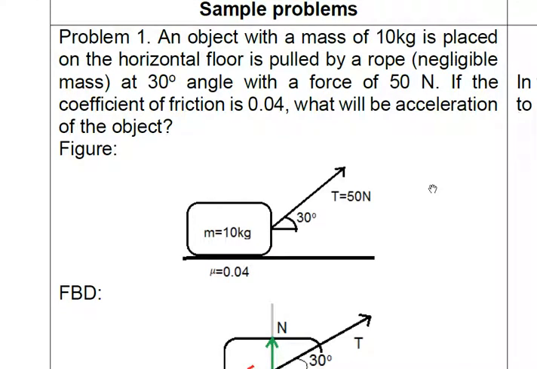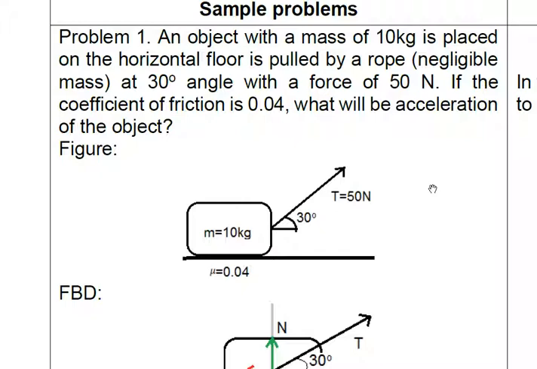An object with a mass of 10 kg is placed on the horizontal floor, and it is being pulled by a rope. When we talk about rope, the force involved is tensional force, and in this problem we neglect the mass of the rope so that we do not complicate the system.